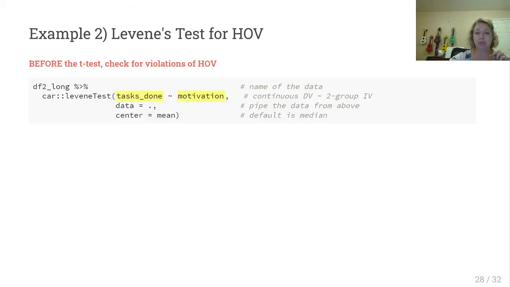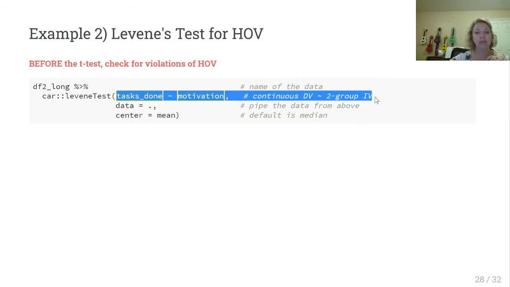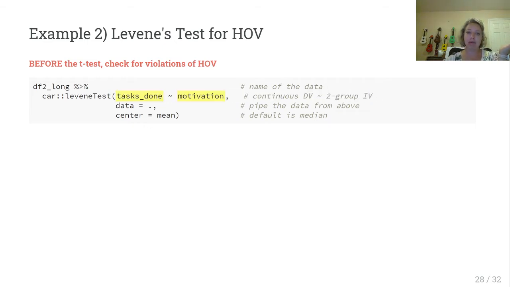So code looks like before. We're going to use car, Companion to Applied Regression, Levene's test, and we're going to have our formula. The formula is always the continuous dependent variable first, followed by the two-group categorical factor that says how the two groups are defined.